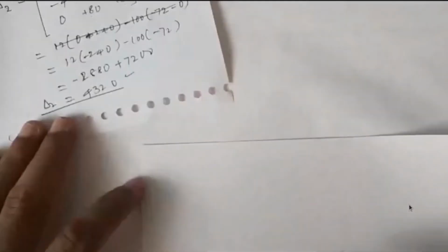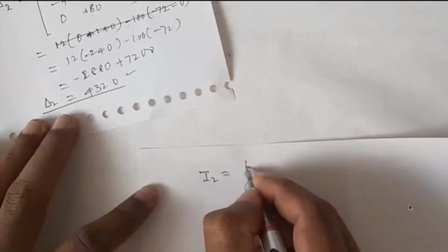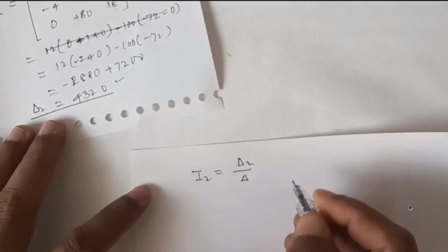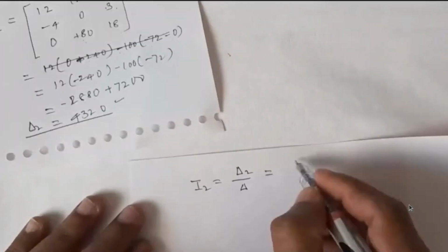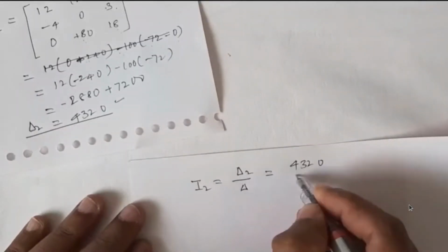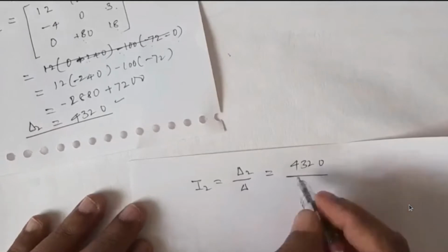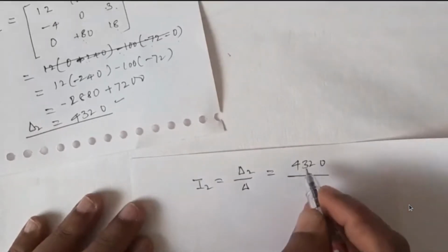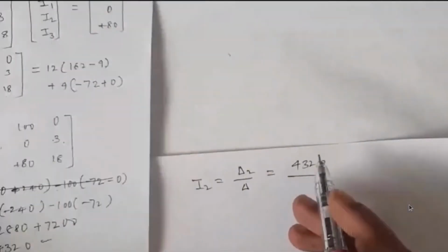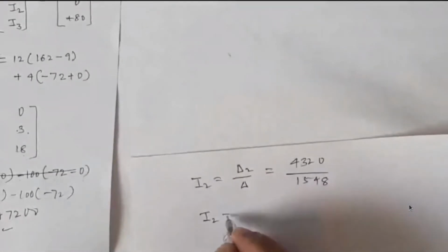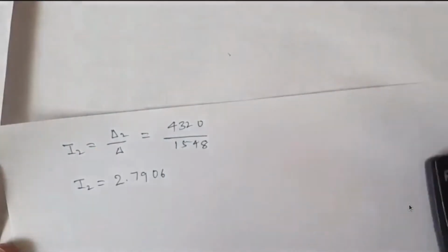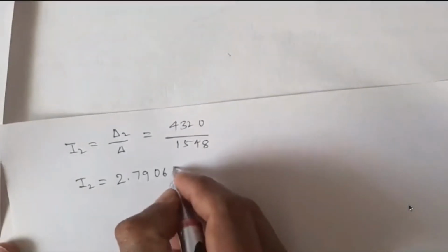Now we'll find I2 directly. I2 is equal to delta 2 divided by delta, which is 4320 divided by delta. Where have I found delta? Here, it is 1548. So now let us calculate I2, in amperes.